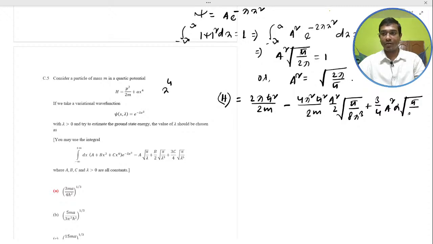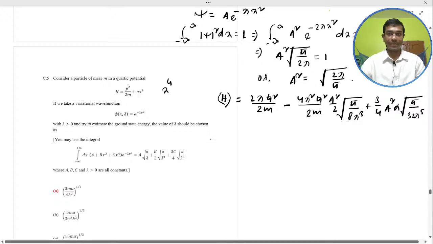Put this value only, nothing more, lambda to the power 5. So rearrange this.